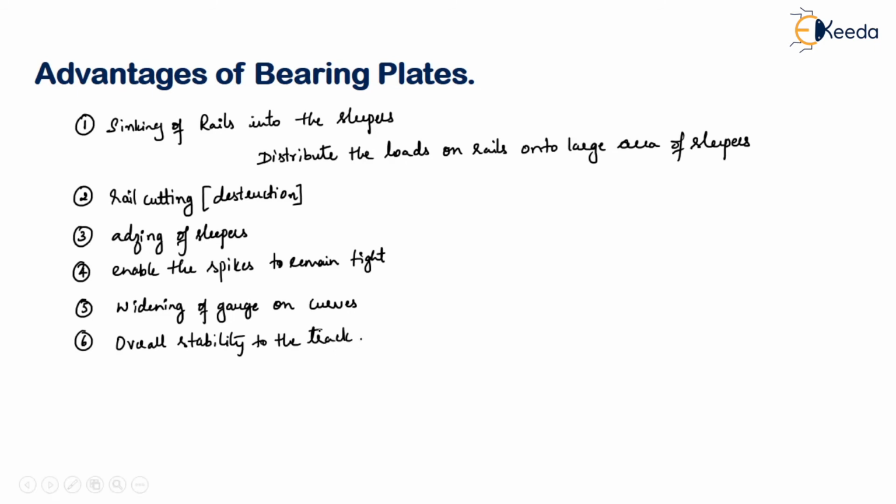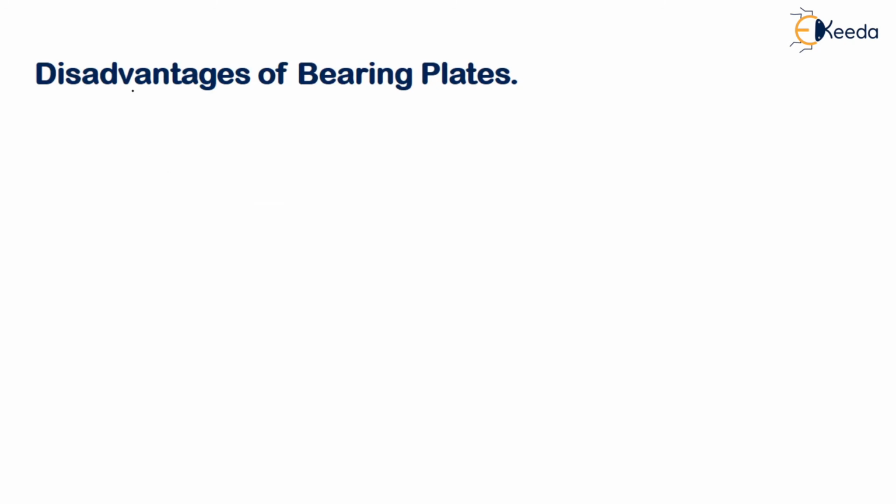So these are some of the advantages of providing your bearing plates. Also, there are certain disadvantages. What are the disadvantages? The first disadvantage is these plates will admit moisture into the sleepers.